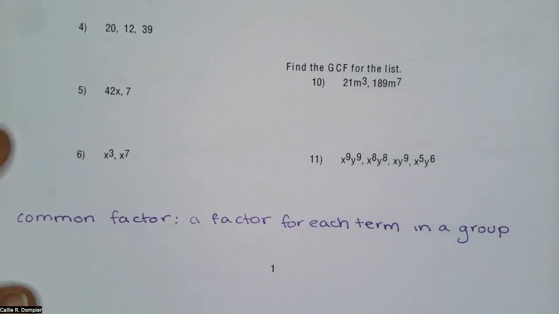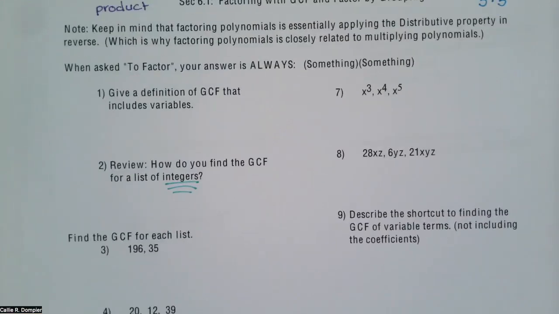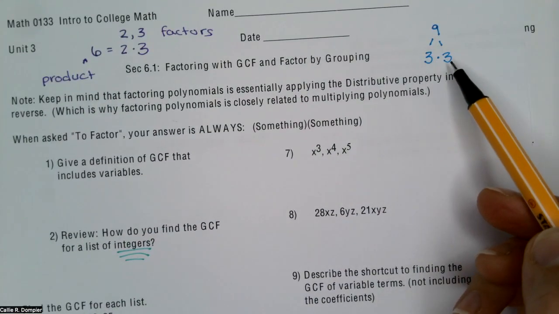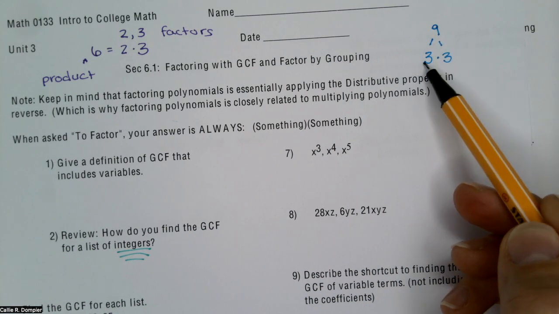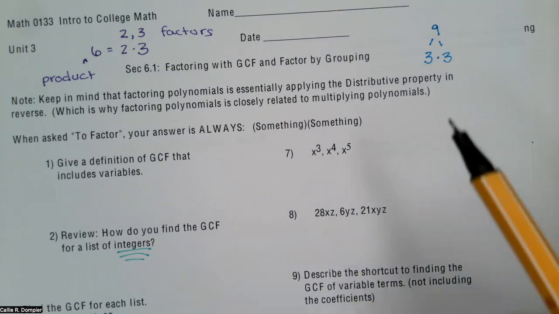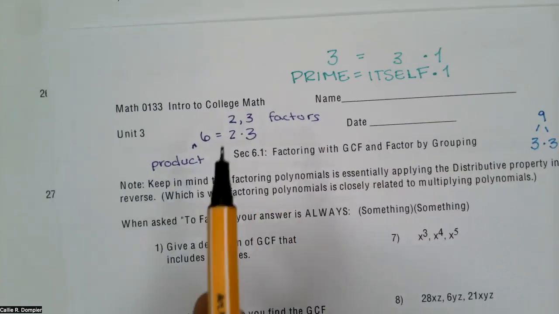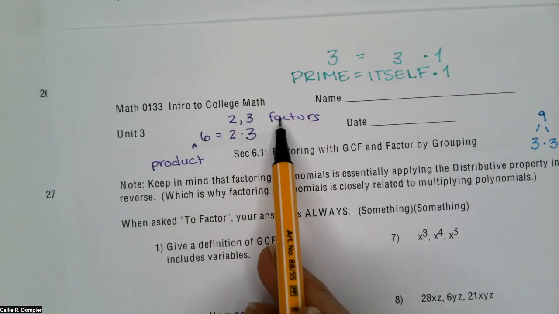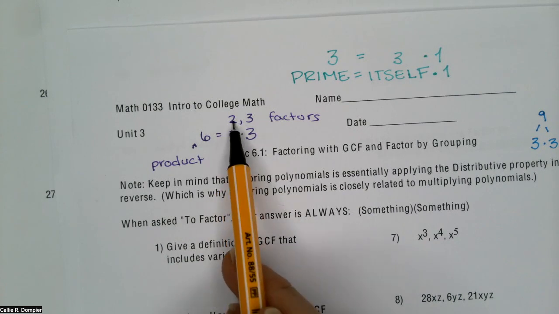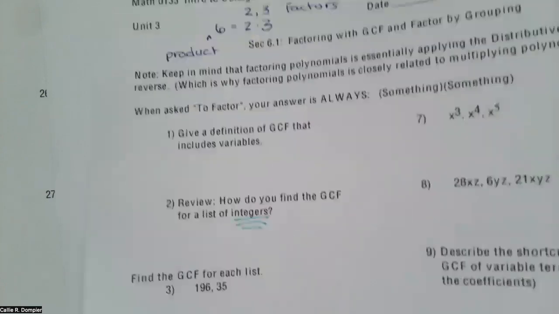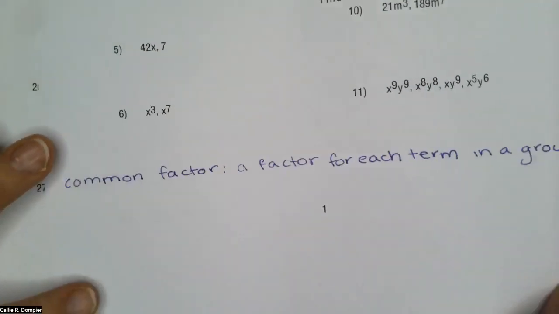Okay, so that's what a common factor is. A factor is just the opposite of multiplication, right? I can divide it out of the term. I can divide 3 out of 9, so 3 is a factor of 9. I can divide 2 out of 6, so 2 is a factor of 6, right? So common factor is a factor for each term in a group.